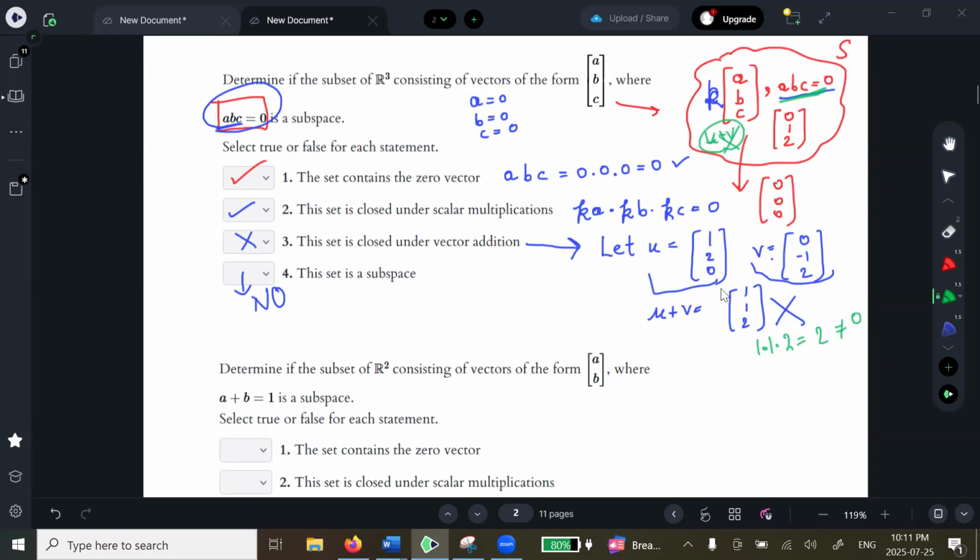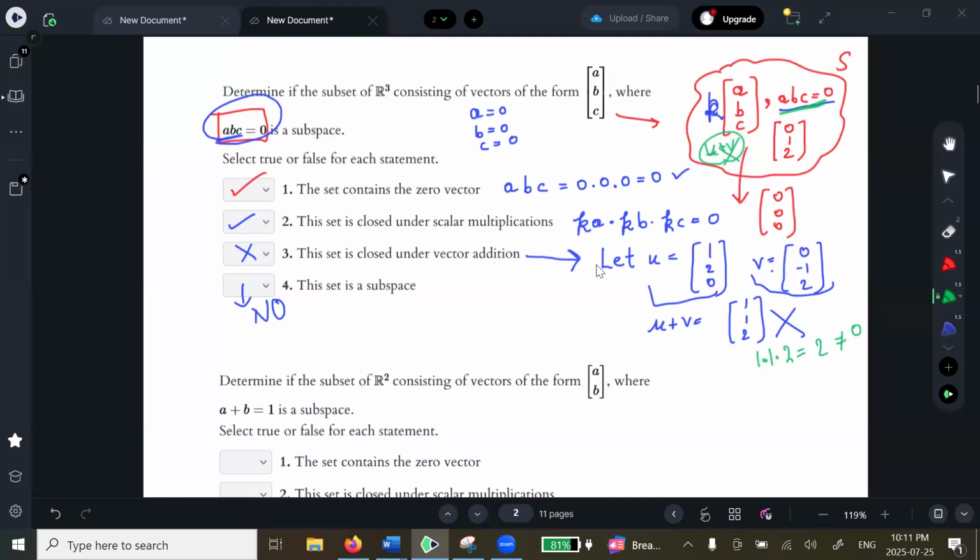You don't have to show it in the exam paper, but if you can think of it and it doesn't work, then it's not a subspace. You could think of a different vector too. You could think of anything with a 0 in a different place, add them, and it will not give 0. Make sense? Let's do one more.